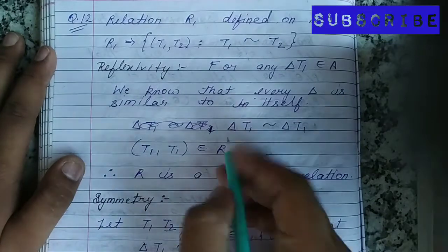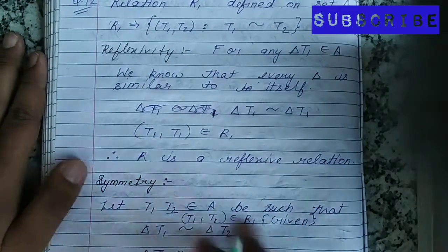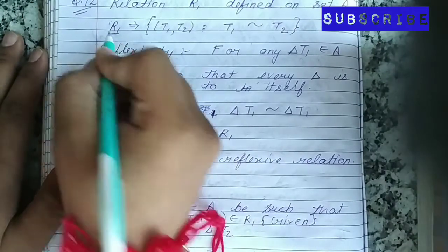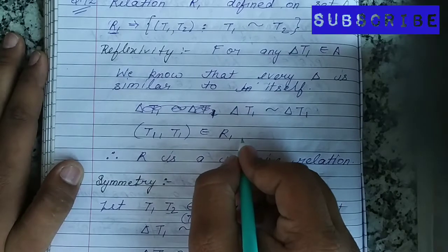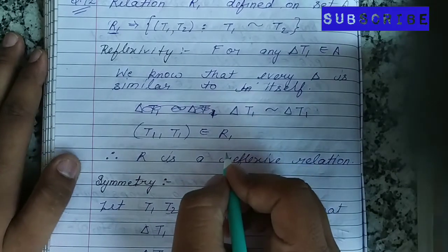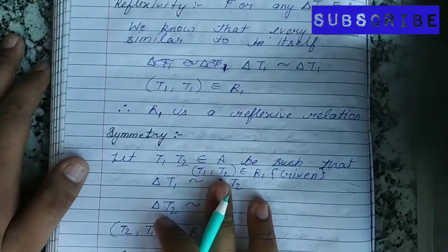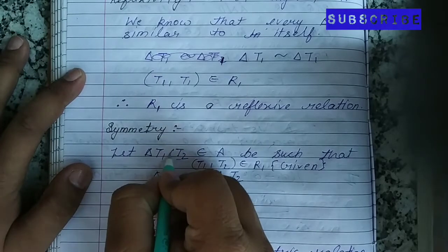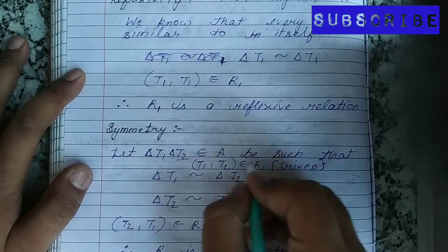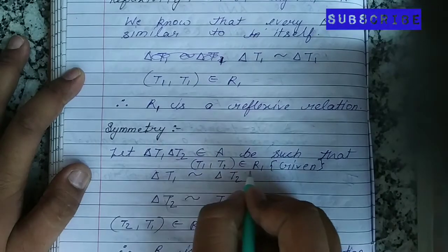Okay guys, now there is no confusion of real numbers. Okay guys, it is clear because I have already assumed this R1. If I use R, you might sometimes think that this is a real number. So we can say that relation R1 is a reflexive relation. Symmetry, no problem. Let triangles T1, T2 belong to capital A, such that T1, T2 belongs to R1.